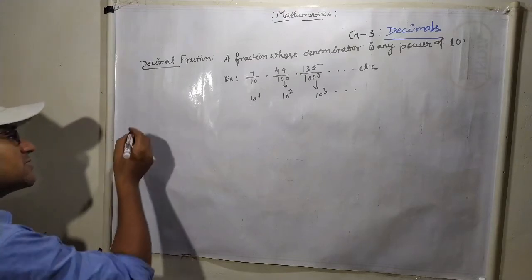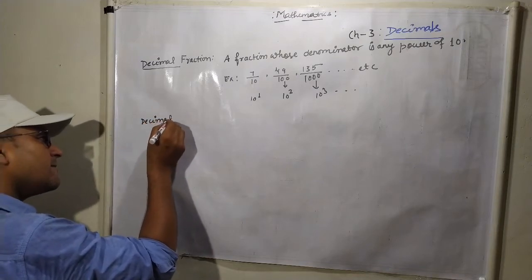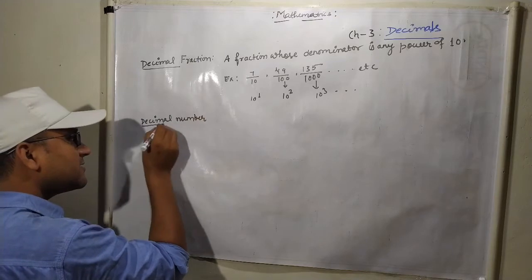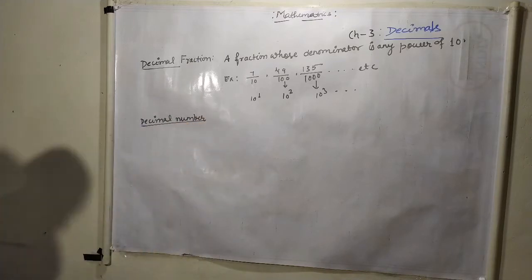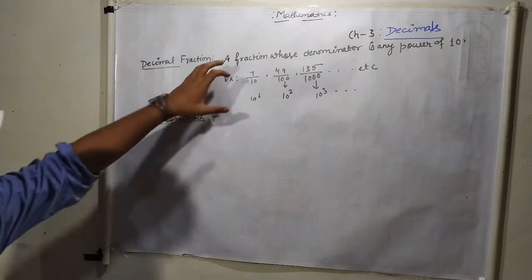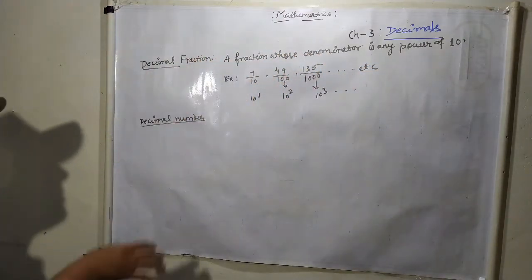Decimal number. Before starting, remember that a fraction whose denominator is any power of 10 is known as a decimal fraction.